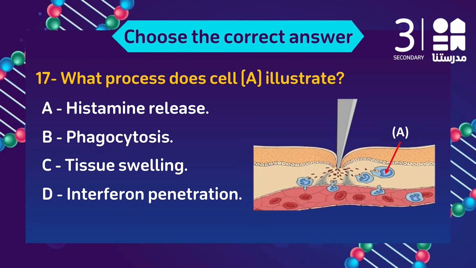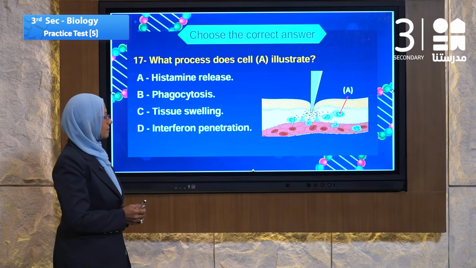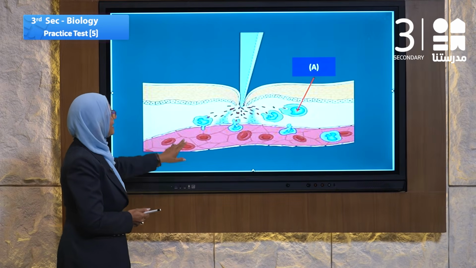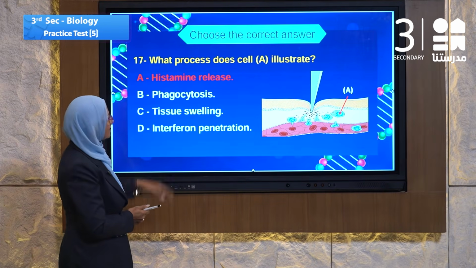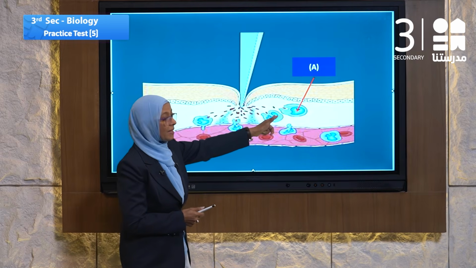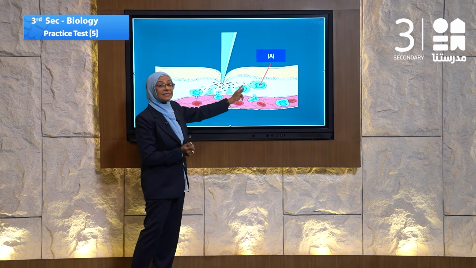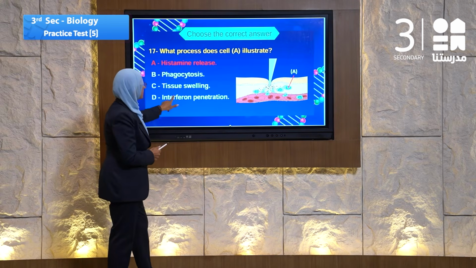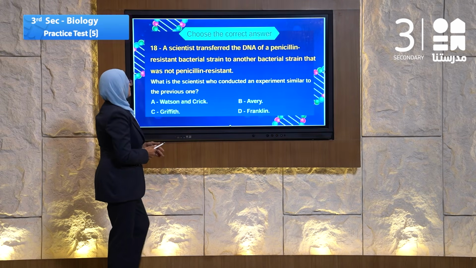Histamine released, phagocytosis, tissue swelling, interferon penetration. It must be histamine released. Yes, it released histamine. Here, it is the mast cell that released histamine because there is an infection.